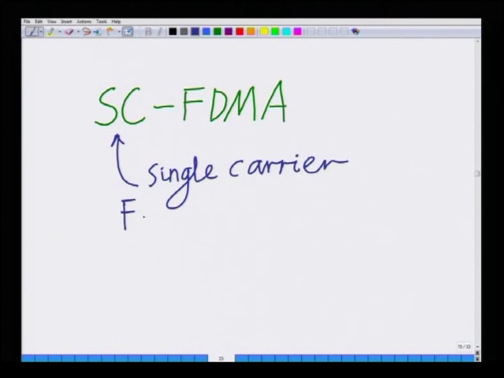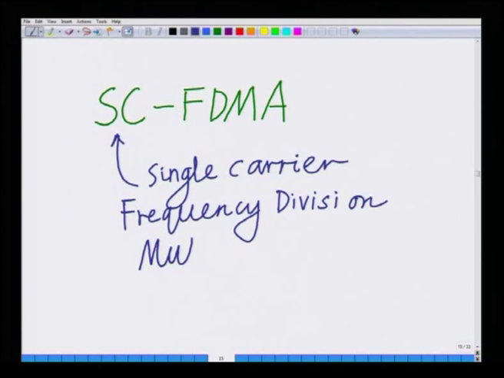SC stands for single carrier, FDMA stands for frequency division multiple access, and SC-FDMA can be employed to combat or reduce the PAPR.